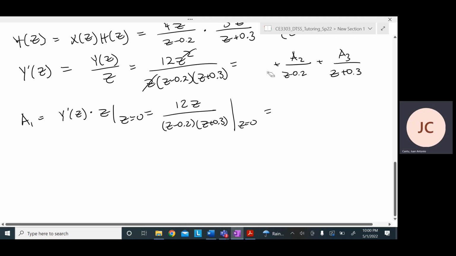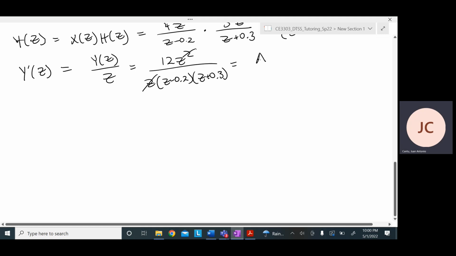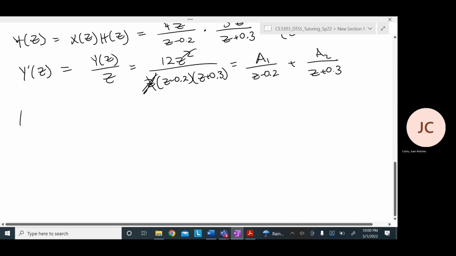And so, actually, come back over here. Now we actually have A1 over z minus 0.2 plus A2 over z plus 0.3. Okay, the z is gone, so we don't need that term anymore. So let's find our A1.